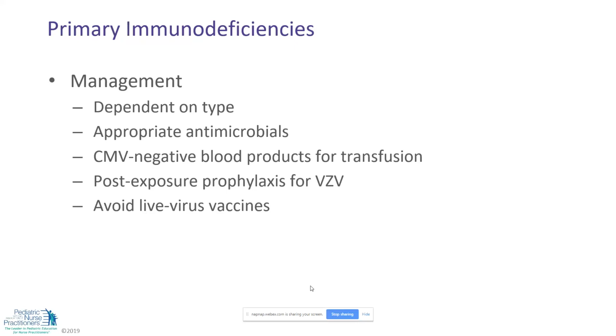And live virus vaccines include rotavirus, varicella, MMR, oral polio, which we don't use here in the United States currently, and also the intranasal flu. So in the years that intranasal flu is offered, that may be live, and it's important to think about that. In the following slides, we will talk about specific considerations based on the type of immunodeficiency.